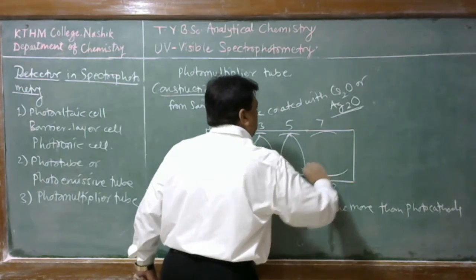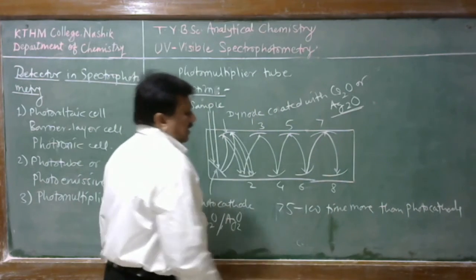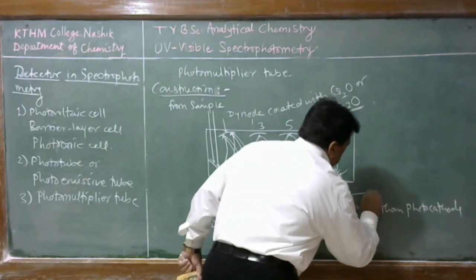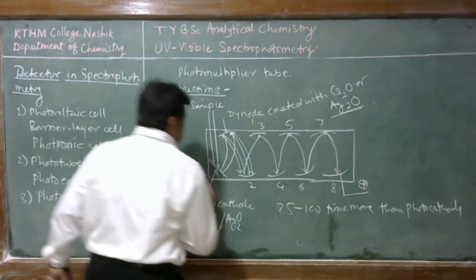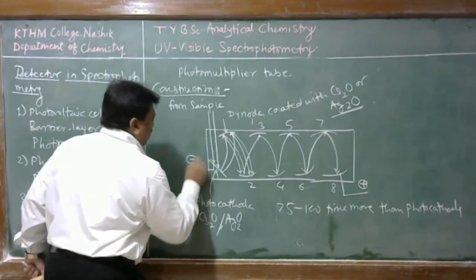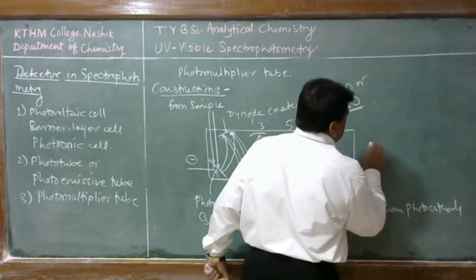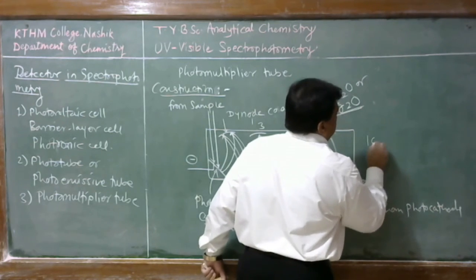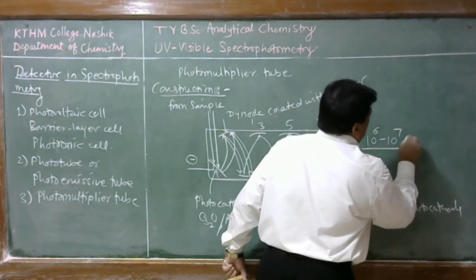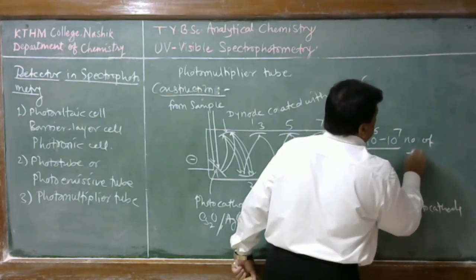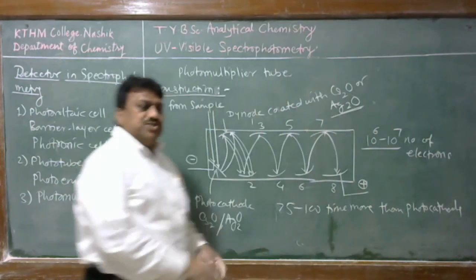Here multiplication of electrons takes place. This is the collector, a positive plate, and this is the negative photocathode. The potential difference across these two electrodes is very large, and about 10 raised to 6 to 10 raised to 7 electrons are generated in this process.